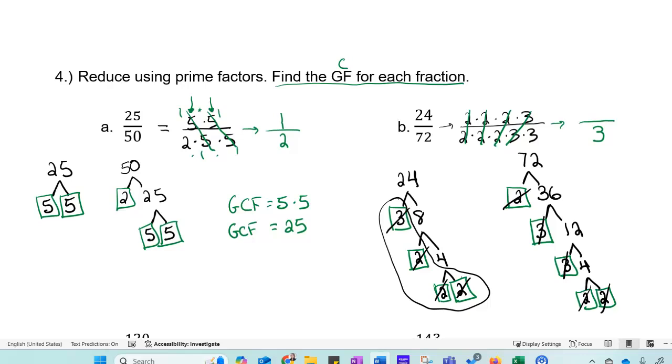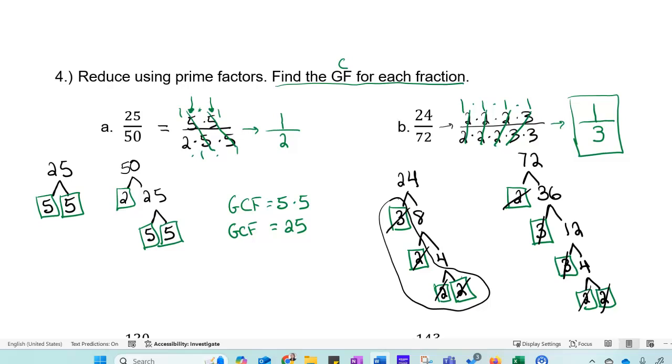So that empty numerator means there's a 1 there, right? Because everything canceled down to a 1. I didn't show it, but this was the same as all these things, right? Simplifying down to a 1. So 1/3 is your fully reduced fraction using prime factors.